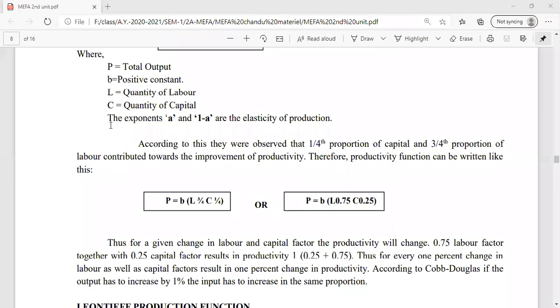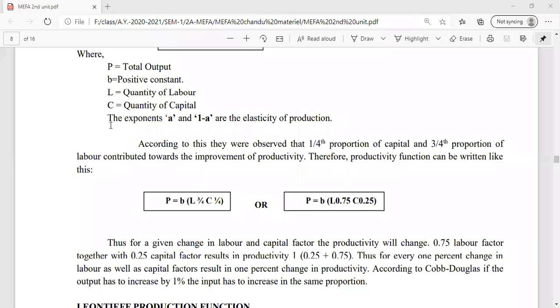So what is the percentage increase in both the inputs? 100%, right? When we double a particular quantity, it is nothing but 100% improvement. Now I am able to get 120 bags of paddy. Do you get now?